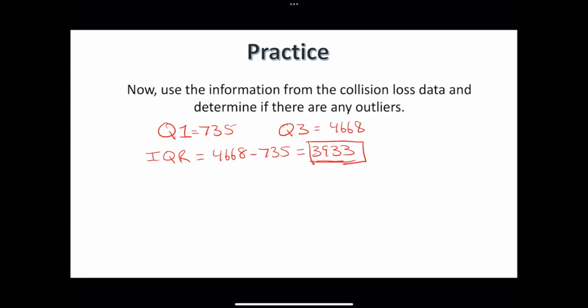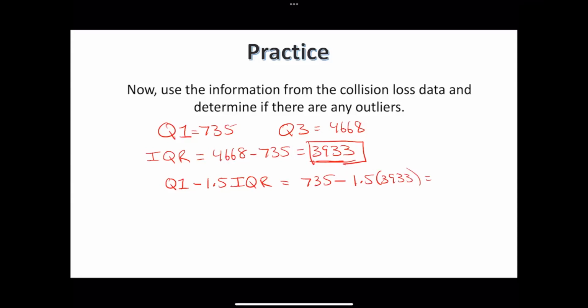So let's find our fences. So I need to do Q1. So I'm doing Q1 minus 1.5 IQR. So that would be 735 minus 1.5 times 3933. It is okay. This number will not make any sense. I'm going to math it out real quick because I have it on my paper, but it doesn't look like it's right.